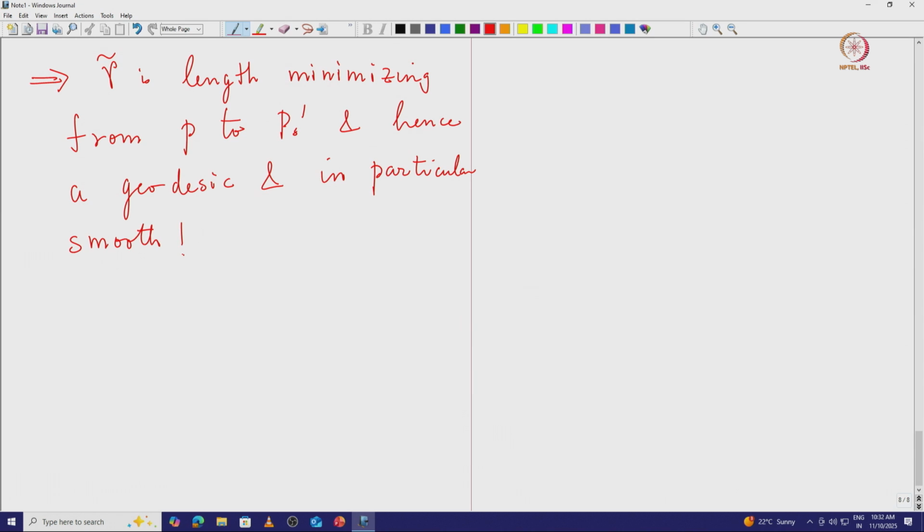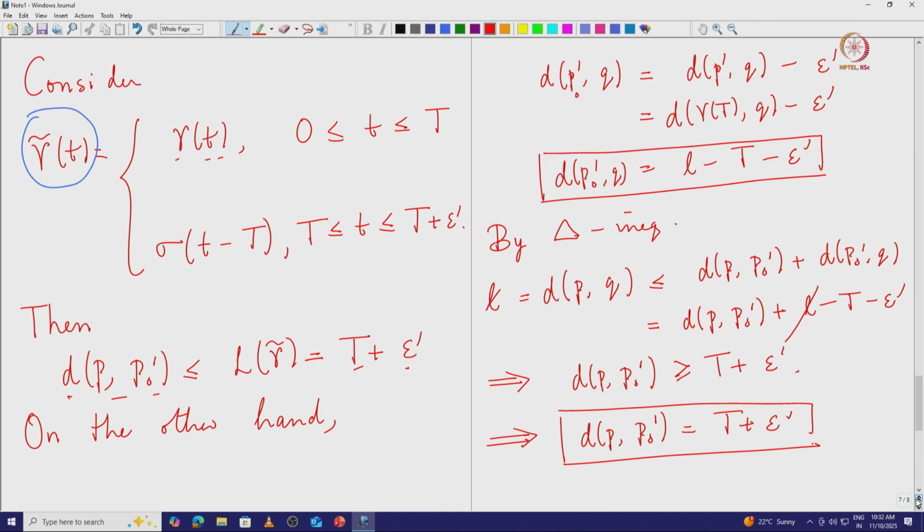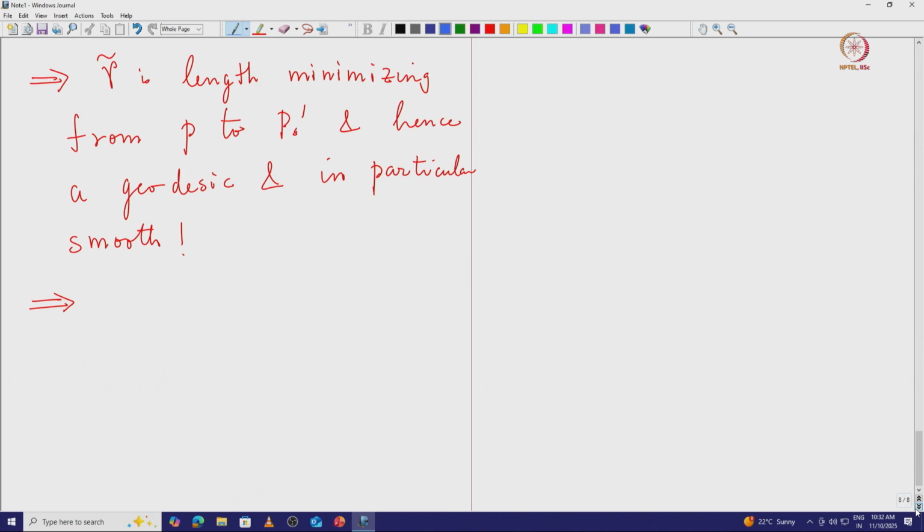So, in particular the derivatives of these two curves have to match up at t equals capital T. This implies that the derivative of gamma at capital T has to match up with this V naught prime, which if you remember was the derivative of sigma at 0.